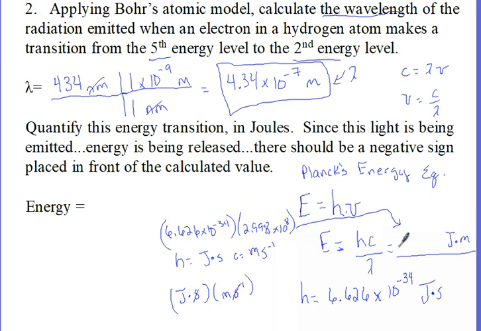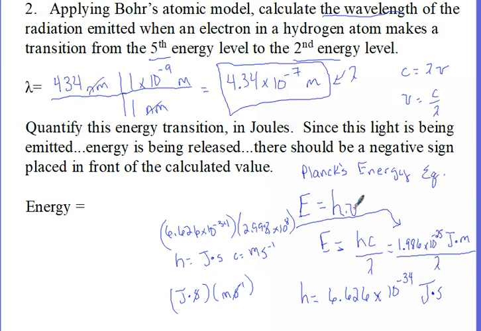So your answer, or your top portion, is 1.986 times 10 to the negative 25 joule meters over wavelength in meters. So this will allow you to solve for any problem where you have to calculate energy given a wavelength.